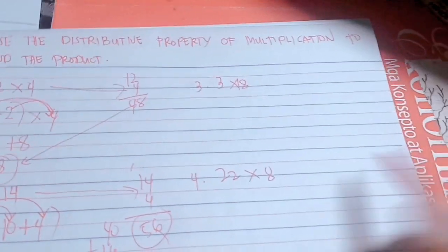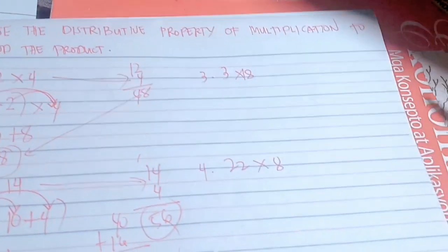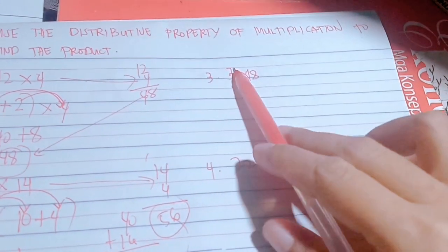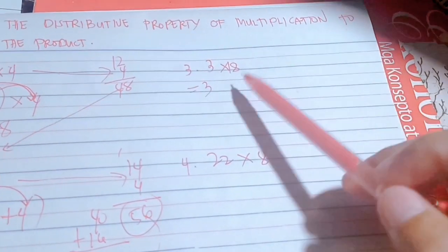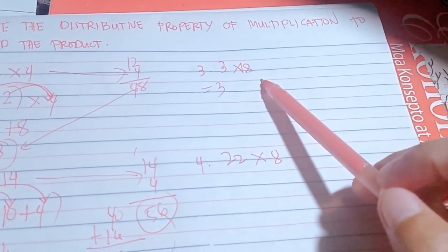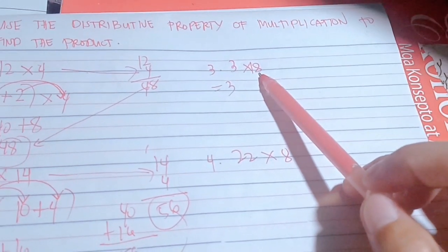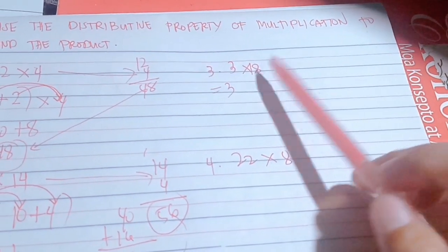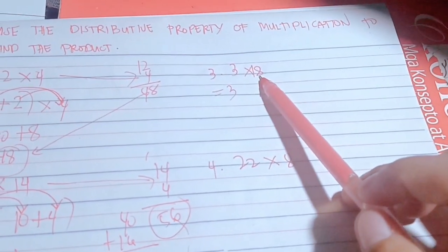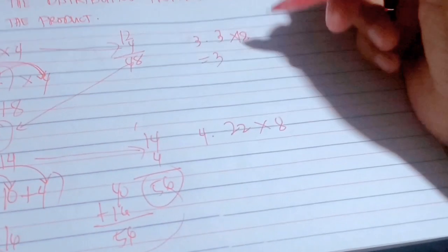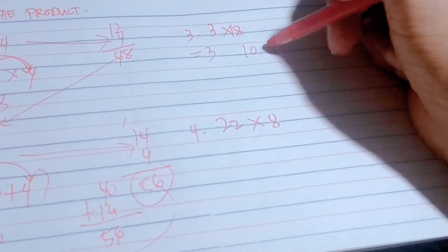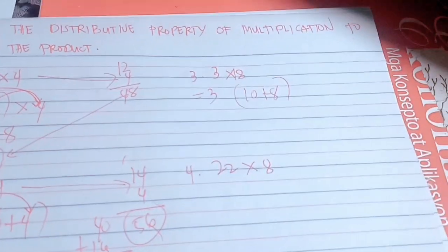Then, number 3. 3 times 18. So, smaller number, isusulat natin una. Then, itong 18, ang bigger number, i-break natin into smaller digits or smaller number. Anong mga numero ang pwede nating i-add na ang result ay 18? So, yung pinakasimple, 10 and 8. So, plus, close, open parenthesis.